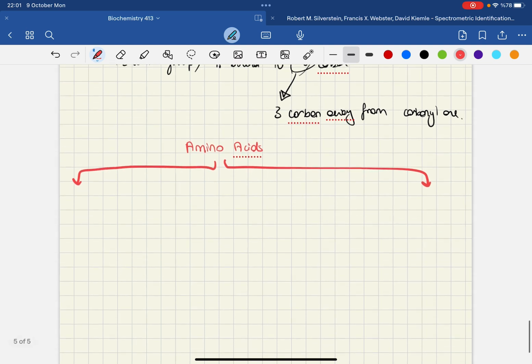First group is called proteogenic amino acids, and the second group is called non-proteogenic amino acids.